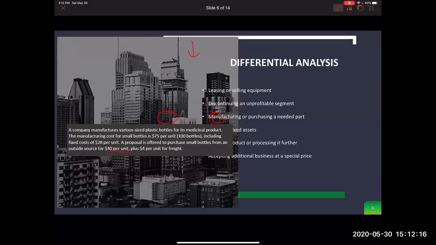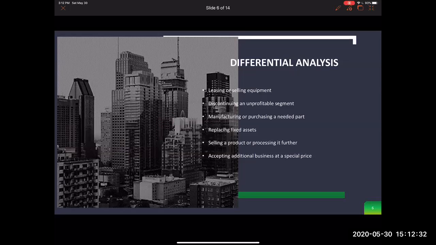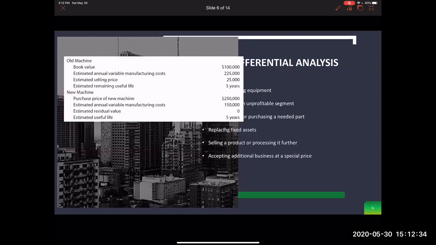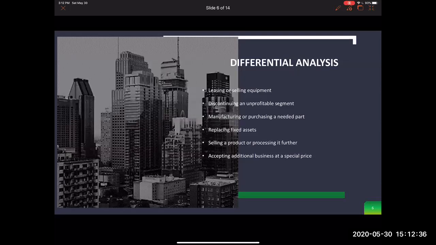With that, I am going to move on. The biggest thing that I see students get caught up on is that you have to make sure you separate your fixed costs from your variable costs whenever you do these problems. With that, I am now going to jump to replacing fixed assets. In the next video, that's where we'll pick up.